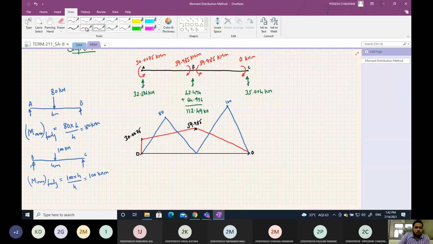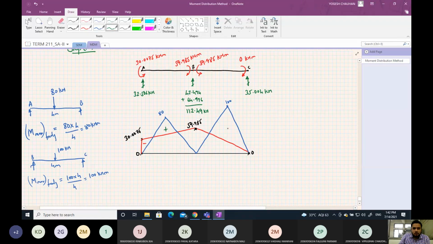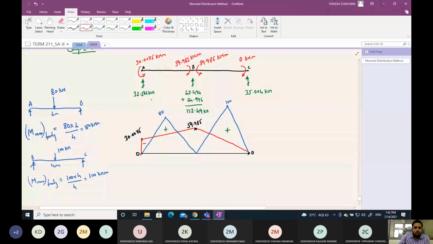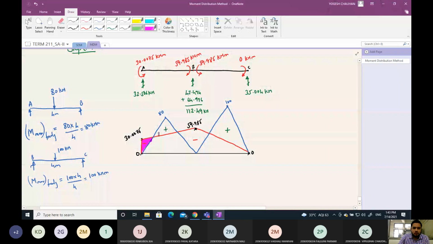The portion below this line is negative and above this is positive. This is your negative moment, the zone of negative bending moment. This is positive bending moment.